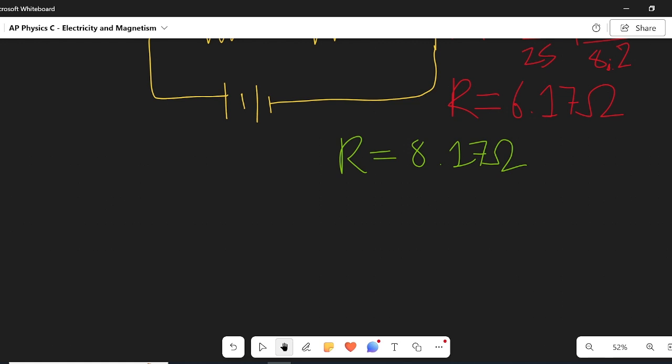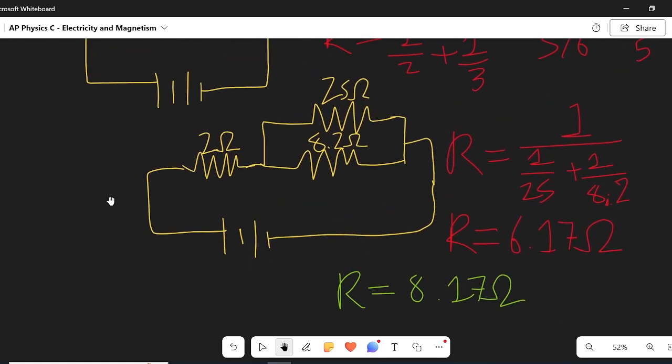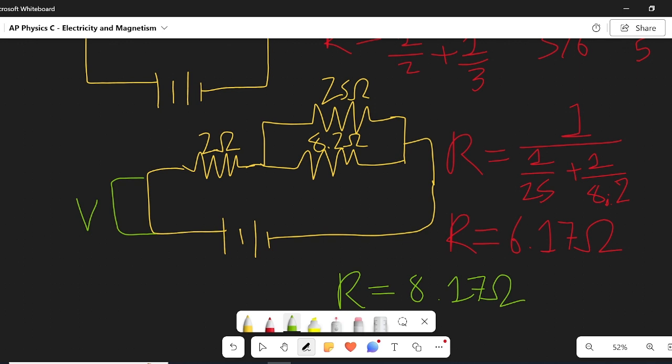Voltmeters and ammeters are essentially things which humans will stick into the circuit. For example, you'll stick a voltmeter like this, right? Voltmeters are always stuck in parallel.